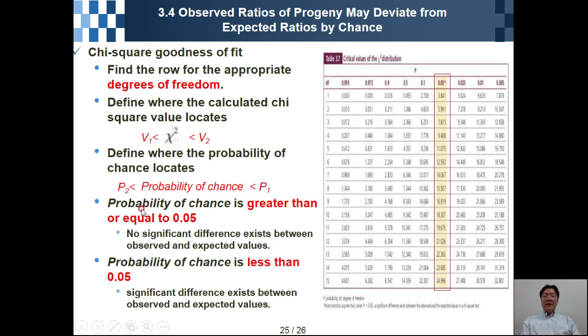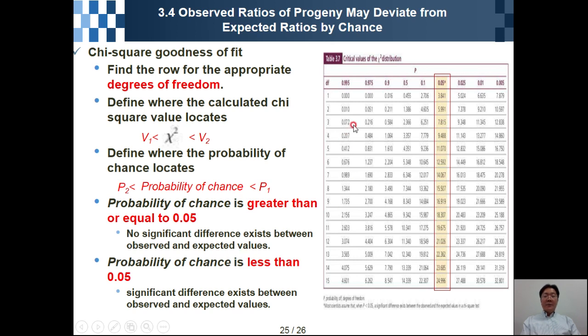After that, if the probability of chance is greater than or equal to 0.05, for example, if the p-value is greater than 0.05, it means that there is no significant difference between observed and expected value.